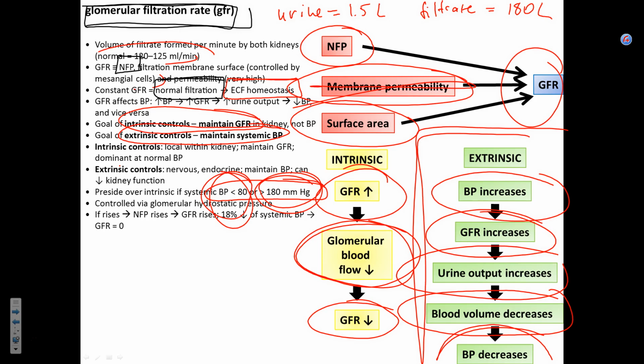Now, if you think about this, even relatively small changes in blood pressure may dramatically affect GFR. One of my favorite examples is this. Let's say systemic blood pressure, I'm talking about mean arterial blood pressure, is, let's make it 100.